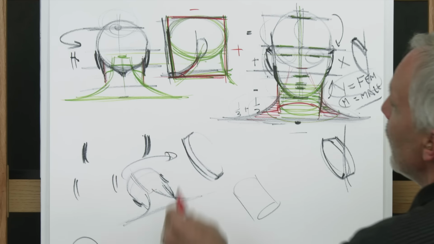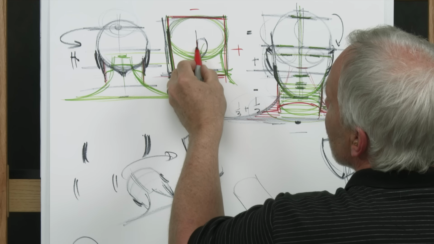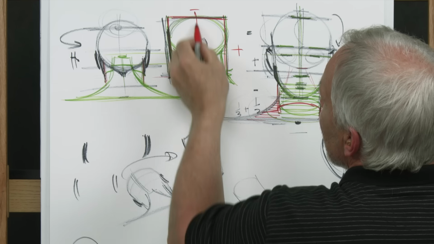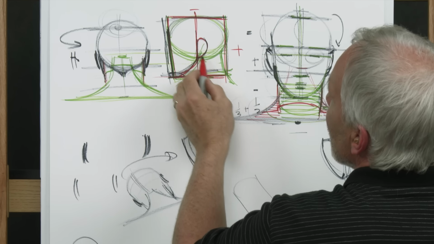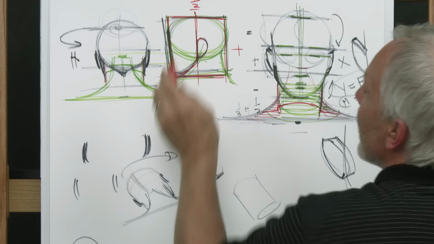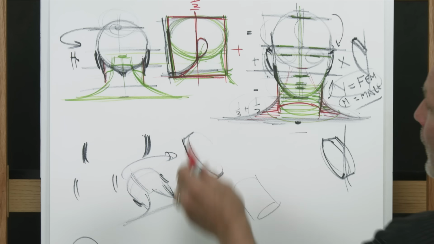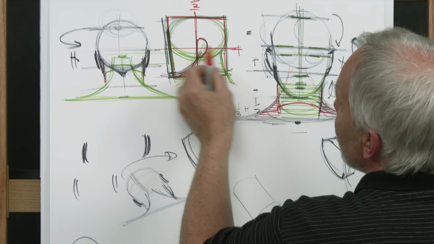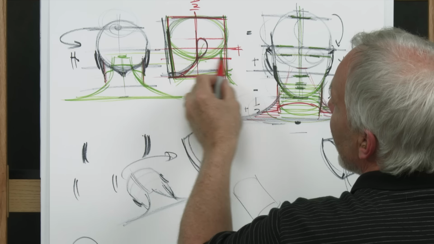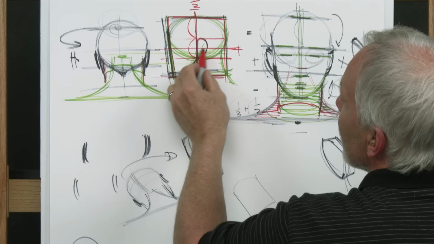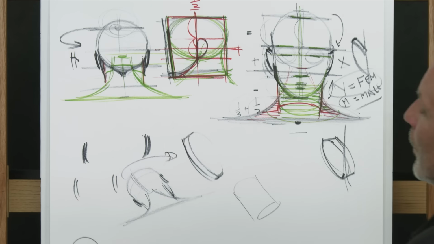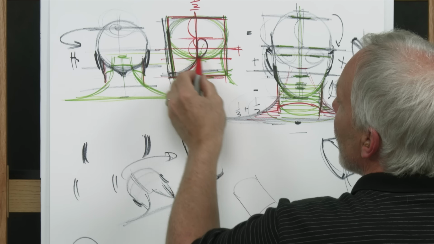Going across, notice if we come in front of the ear in that sideburn area, cut it in half, the ear is very close to the halfway point of the head there. So the middle of the ear, or the whole ear, sits in the middle of the head from top to bottom, however you want to do it. The middle of the ear is at the middle, or the ear sits in the middle third.